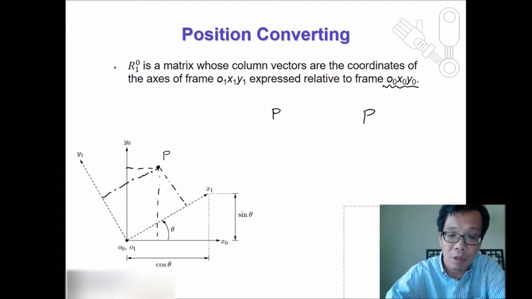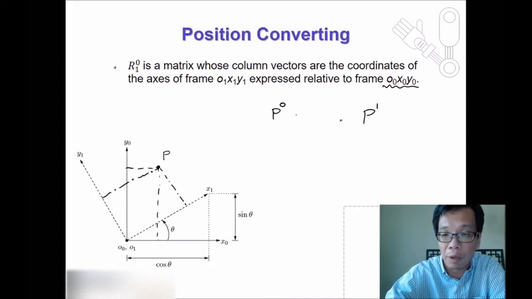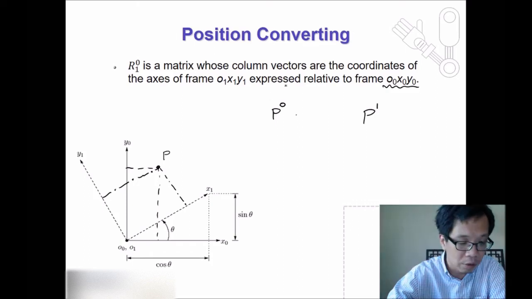If we use the dashed line over here, we say we observe everything from the zero frame. If you are using this coordinate over here, we say we describe everything from the first frame. They are the same position. However, the numbers are not going to be the same. So how are we going to convert between those two?